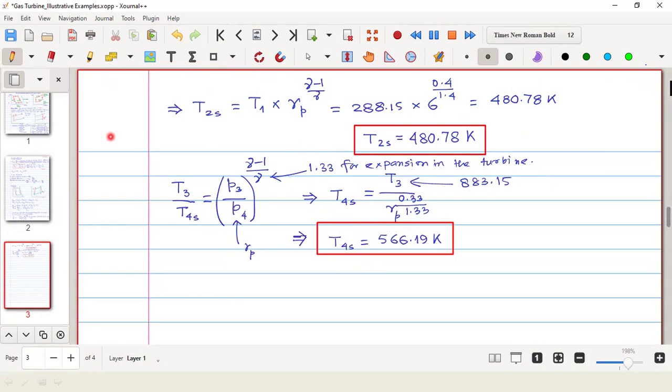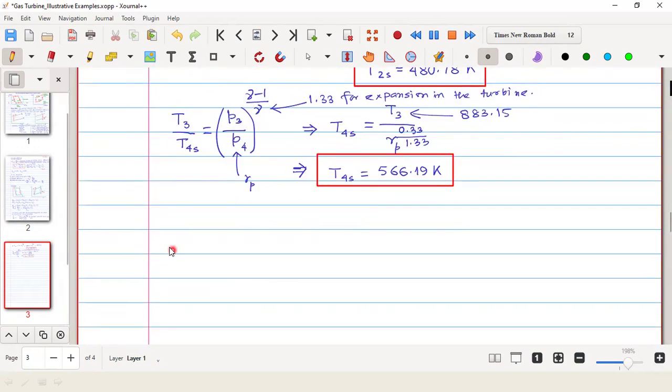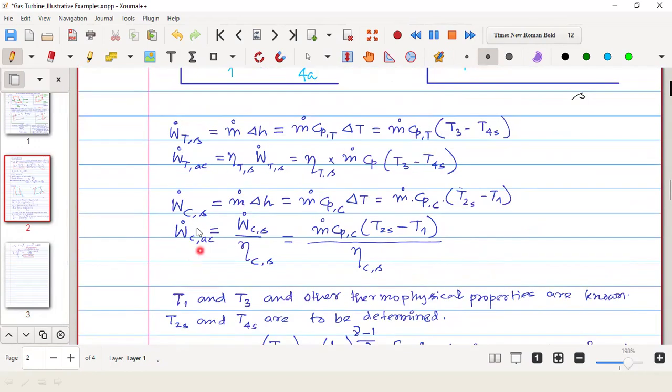Therefore, you see that here T4, T2S and T4S are known. Therefore, we can easily now calculate it.